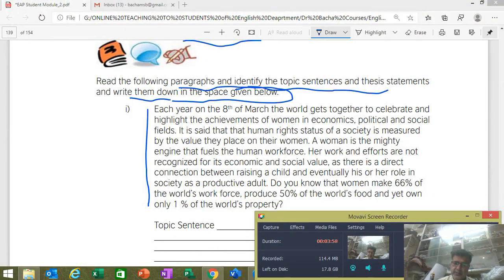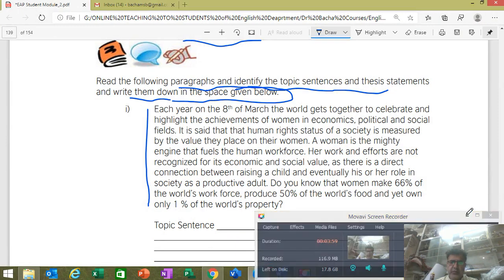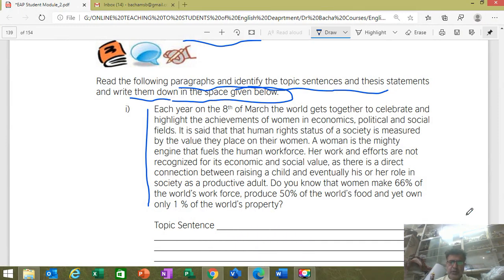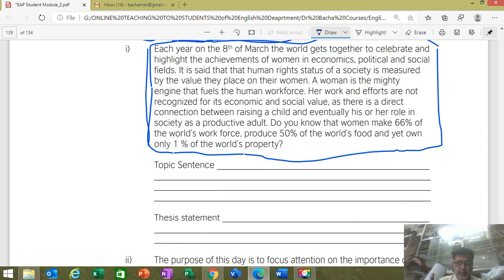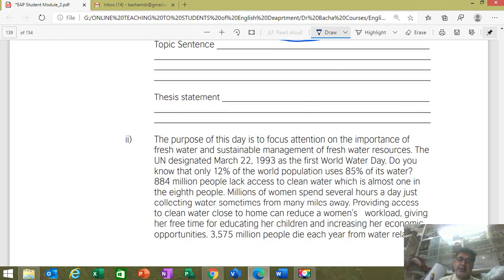So, my dear students, find the topic sentence in this paragraph here. Just think about it, read it again and again, and try to write the topic sentence over here. And then you have to make a thesis statement as well, right?